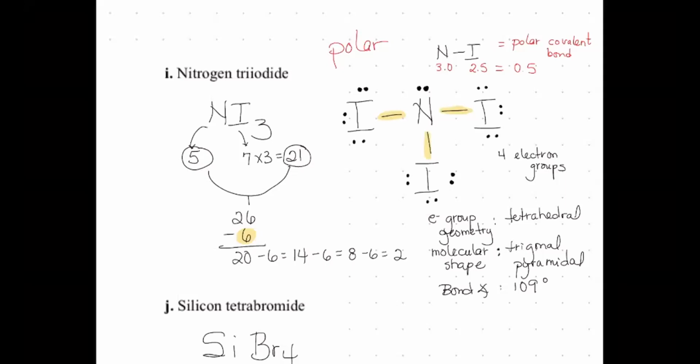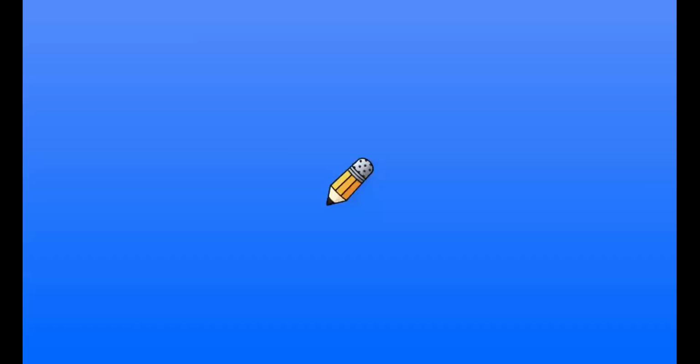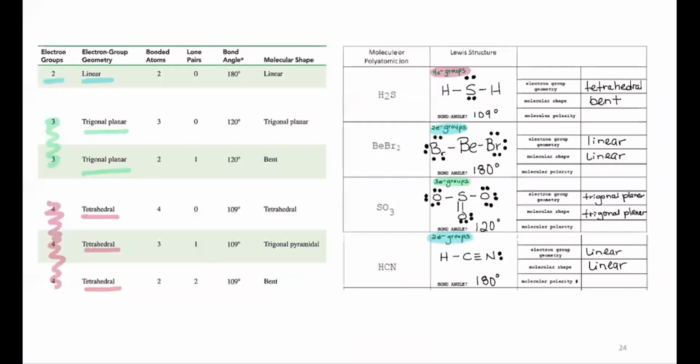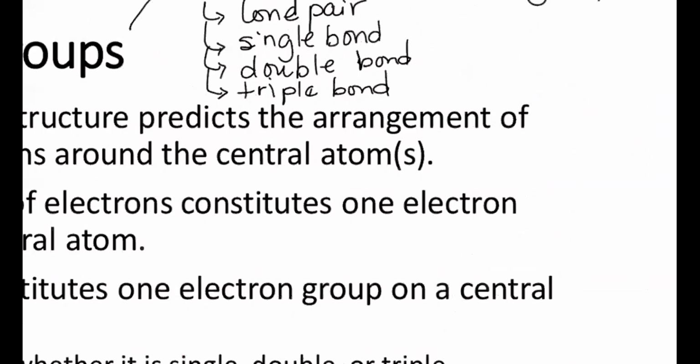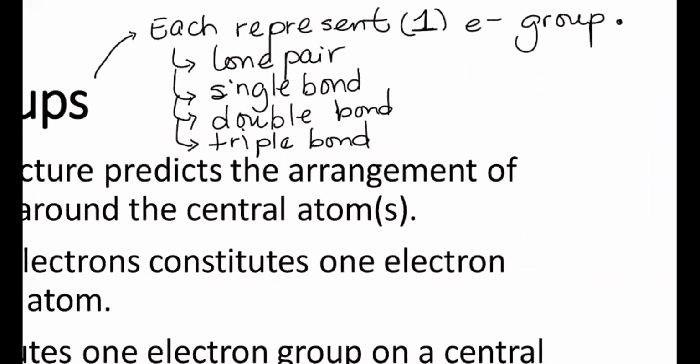There's a question in the chat about the groups. So electron groups, you just need to know that by definition, and it is also in the slides. Again, electron groups, each of them represents one group, and it could be a lone pair, a single bond, a double bond, or a triple bond.